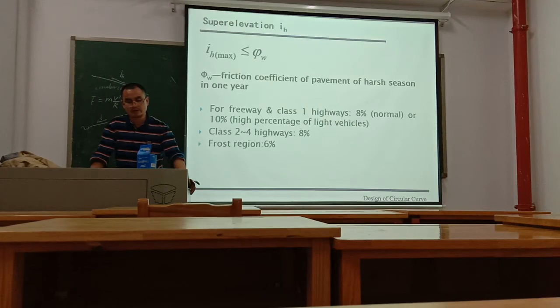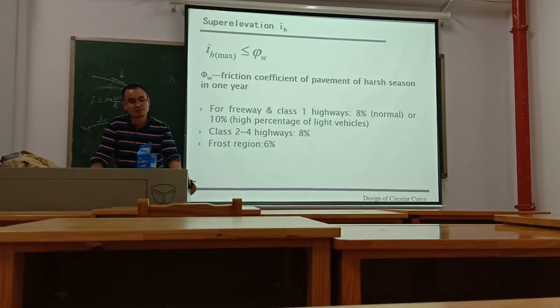For freeway and class 1 highway, 8% normal, or 10% on the condition of high passenger of light vehicle. For class 2, class 3, and class 4 highways, the maximum of IH is 8%.